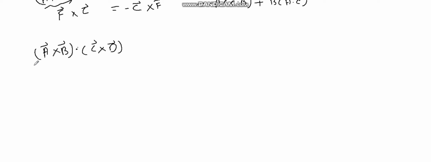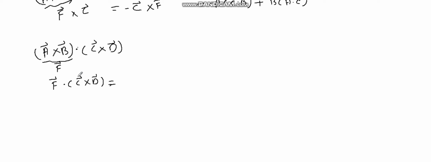So let's assume this A cross B as some quantity F. Okay, so now it becomes F dot C cross D. So we are familiar with this. What is this? This is nothing but the scalar triple product, and we can also rearrange this like this.